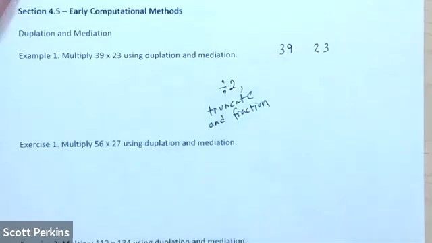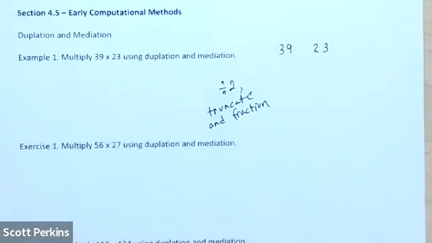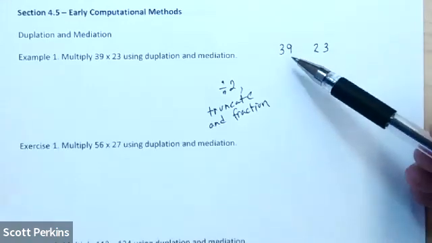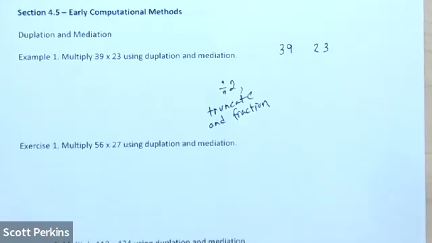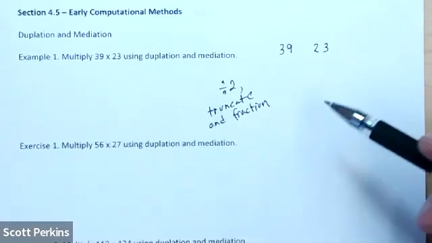Now, in case I did not explain that well, here we go. When I divide 39 by 2, and you're welcome to use your calculators, even though the reason this system was invented is because people didn't have calculators, the intent was to make it so you didn't have to actually multiply these numbers. It's going to boil down to adding things at the end. But you can use your calculator.